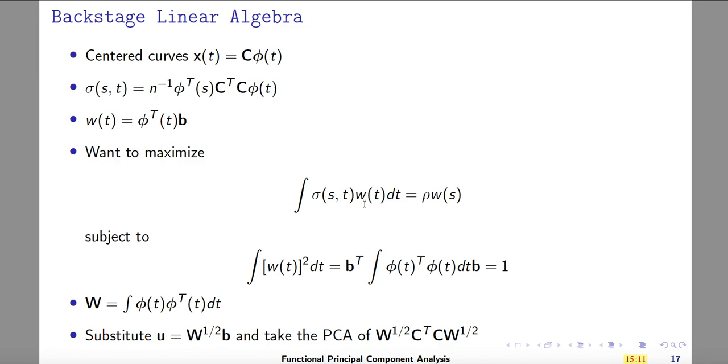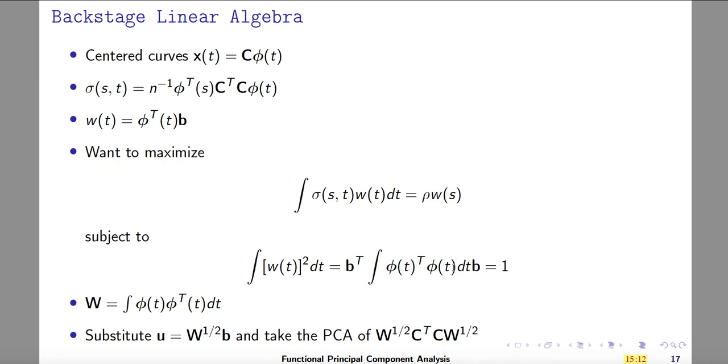Here we want to solve these eigenequations, right? With the constraint that the length of w of t has to be equal to 1. You can represent this length, the integral of the square of w of t, in quadratic form: b transpose times the integral of phi of t times phi of t transpose dt, times b, equal to 1.